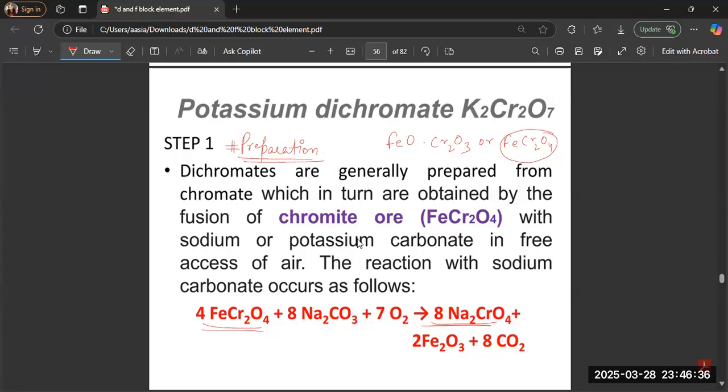So see, when you give a free access of air to this chromite ore in the presence of sodium or potassium carbonate, you will get sodium chromate over here. So in the first step, we are converting the chromite ore to sodium chromate in the presence of excess air and sodium or potassium carbonate.